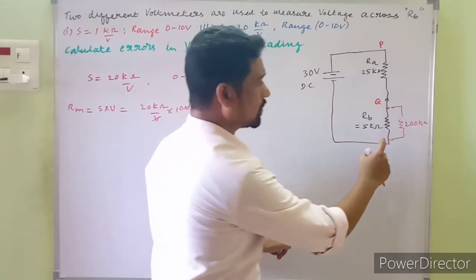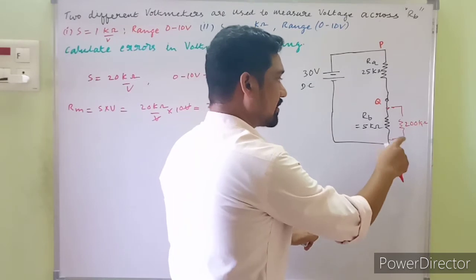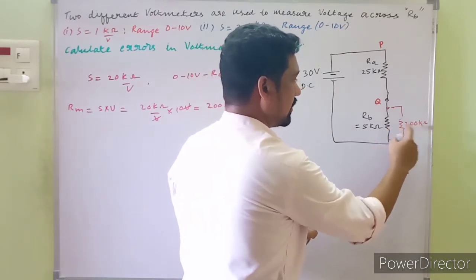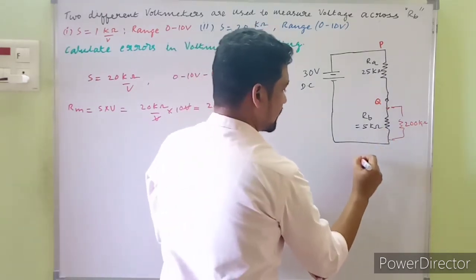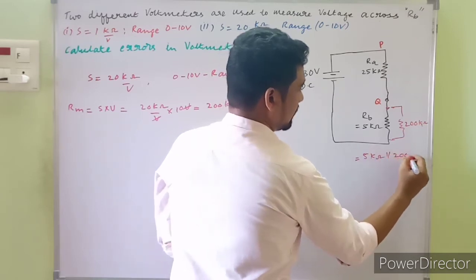Now when the second voltmeter is connected across RB, that indirectly introduces a resistance of 200 kilo ohm in shunt with the 5 kilo ohm. What would be the equivalent now? The equivalent will be 5 kilo ohm parallel to 200 kilo ohm.